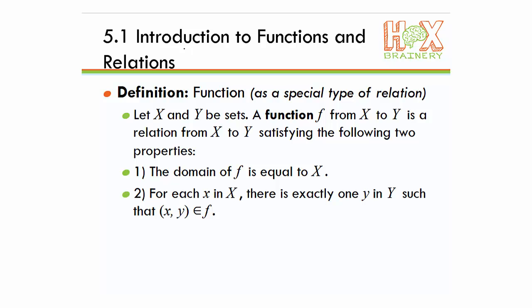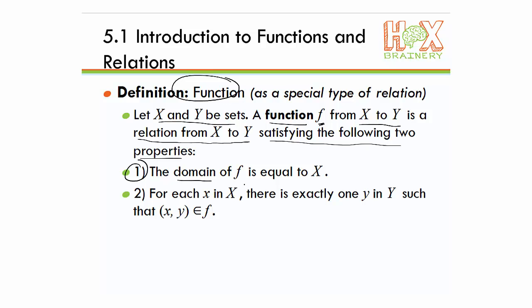And then in this definition, we're revisiting a function, but we're looking at it as a special type of relation. So we let X and Y be sets, and a function f from X to Y is a relation from X to Y satisfying the following two properties.